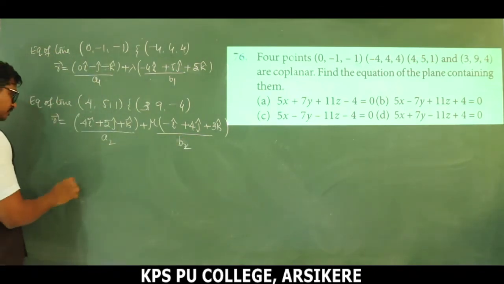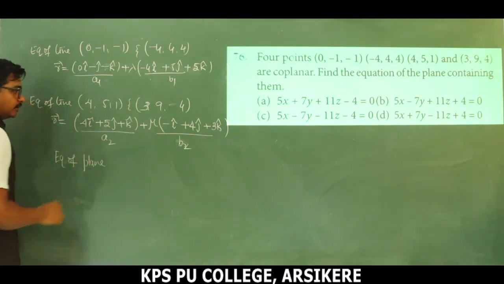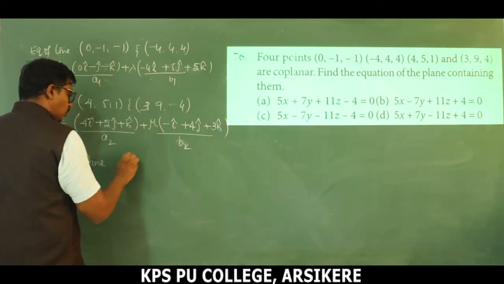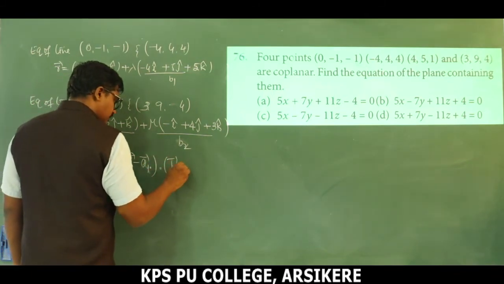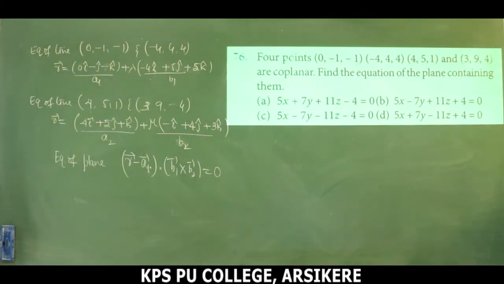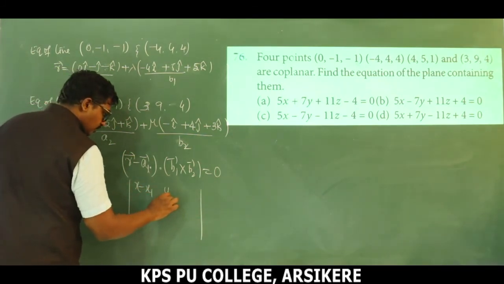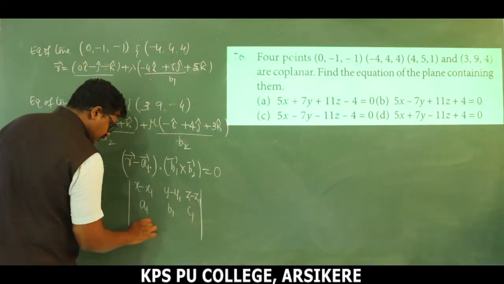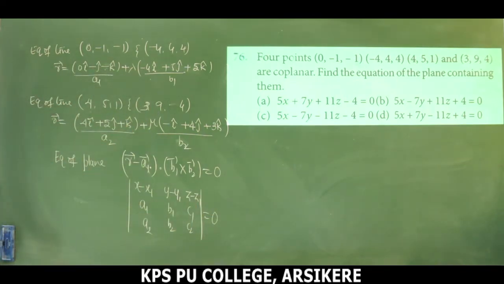Okay, so then we have the formula, the equation of the plane: the equation of the plane is (vector r minus vector a1) dot (b1 cross b2) is equal to 0, and the Cartesian expansion is the determinant with first row x minus x1, y minus y1, z minus z1, second row a1 b1 c1, third row a2 b2 c2, that is equal to 0.